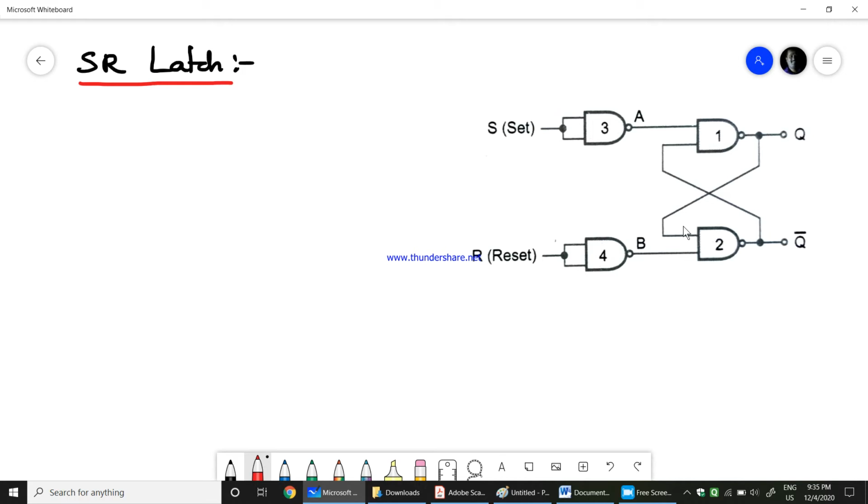So this is the SR latch diagram where you can also see a bistable element which is connected here. Now we'll see case by case how the SR latch will behave. Okay, so let us go with case 1.